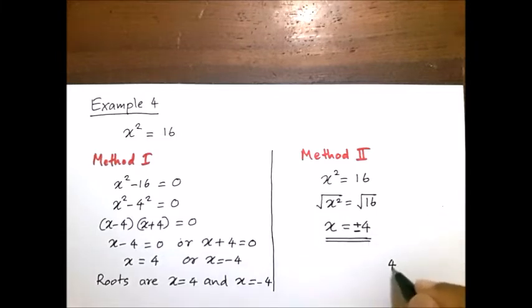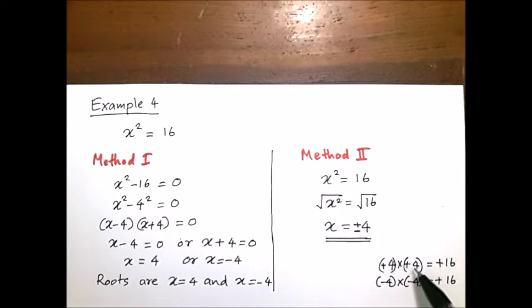If you multiply plus 4 by plus 4, it is plus 16. If you multiply minus 4 by minus 4, it is also plus 16. So what is the square root of 16? It should be equal to plus 4 or minus 4. So when you are taking the square root, write both answers, plus 4 or minus 4.